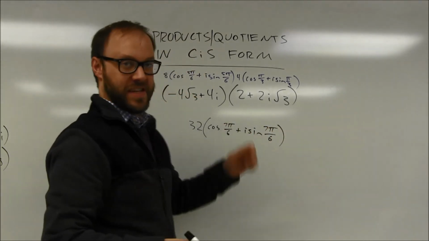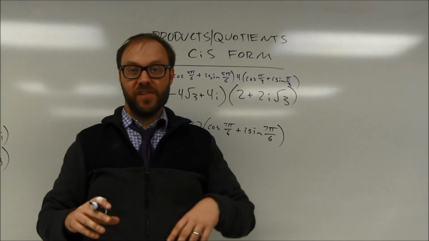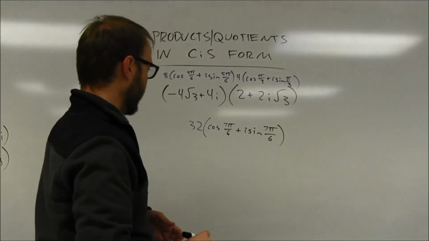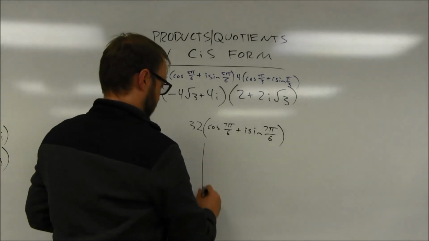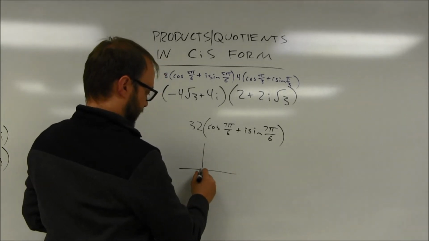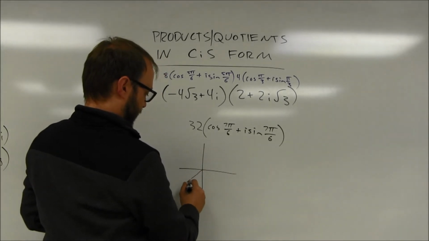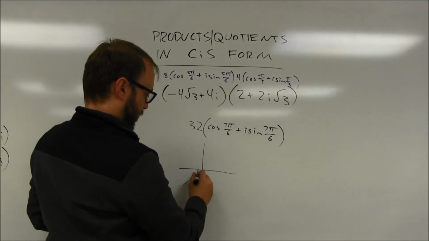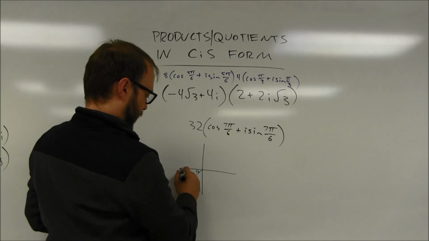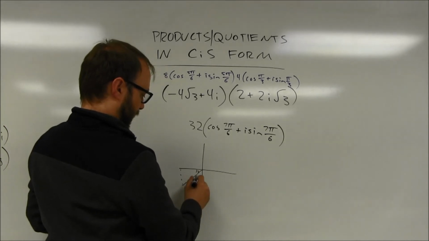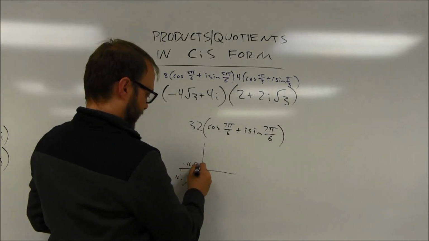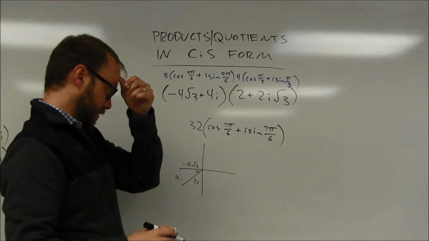That's a 210-degree angle. And of course, if you did need to convert it back, and it depends on the form you're working with, you certainly could. 210 degrees is going to be down here in the third quadrant. You've got an absolute value of 32. That's going to be a 30-degree angle there. So you're going to end up going down 16, and you're going to go back negative 16 radical 3.